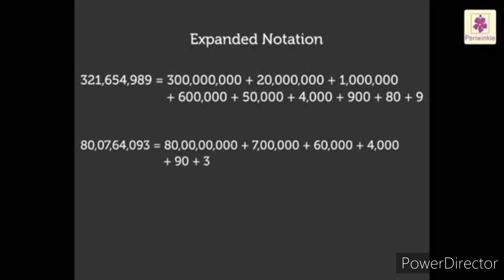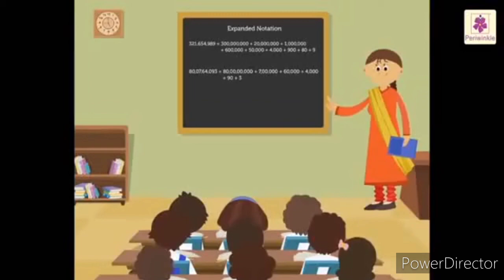Here there are 0 crores, 0 10 lakhs and 0 hundreds in 80 crore 7 lakh 64,093. So we do not include them in the expanded notation. Wasn't it easy learning expanded notation?